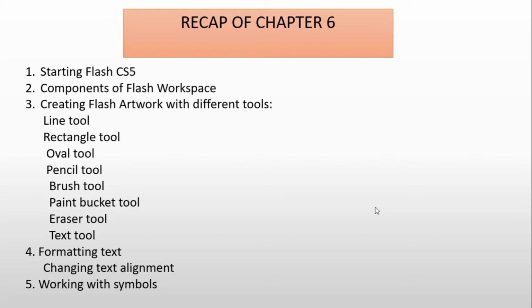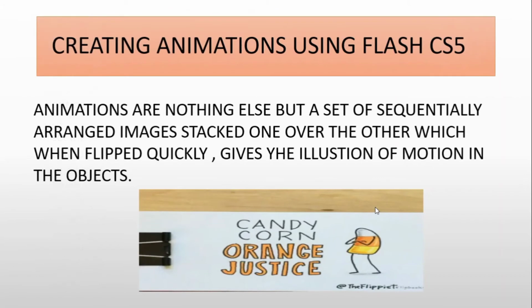In this video, we will learn how to create animations using Flash CS5. We have learned about the use of the Flash workspace to create artwork for animation. We also learned the use of various drawing and coloring tools to make objects and to store them as reusable symbols in a Flash library.